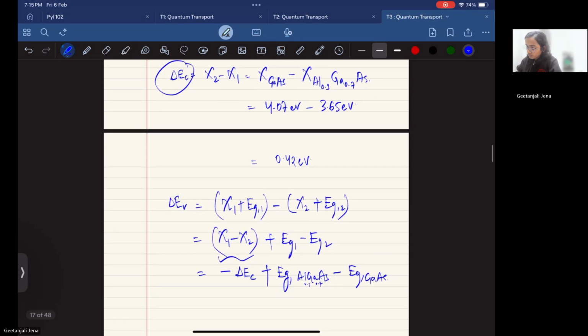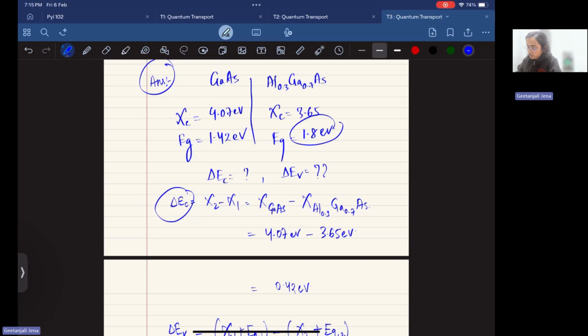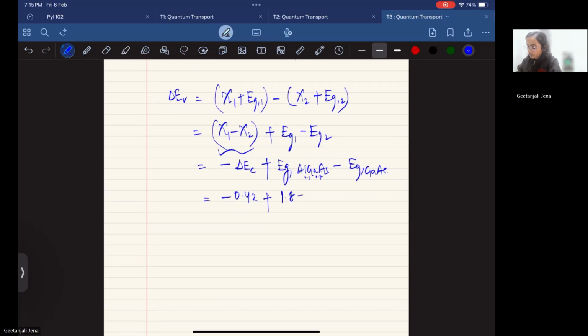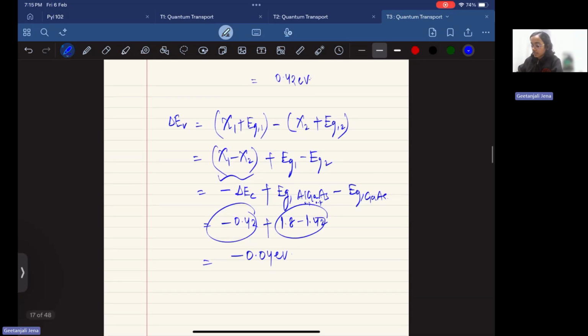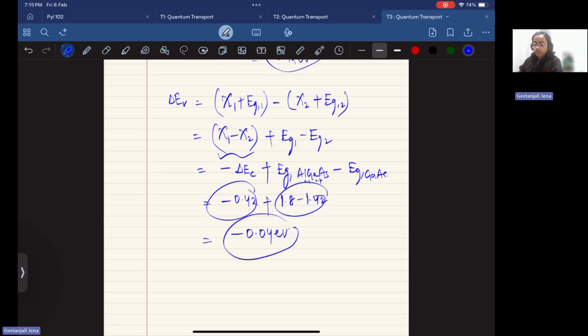So minus delta Ec is minus 0.42 plus the band gap, 1.8 minus 1.42. This will give minus 0.04 electron volt. So the offset in the conduction band is 0.42 electron volt, and the offset in the valence band is minus 0.04 electron volt.